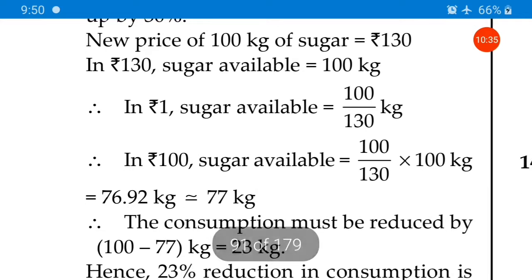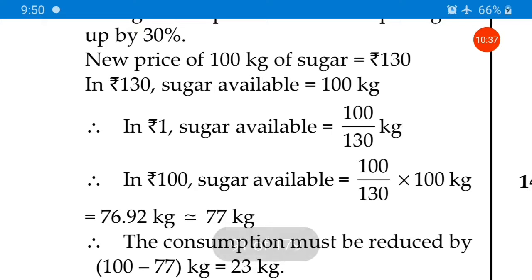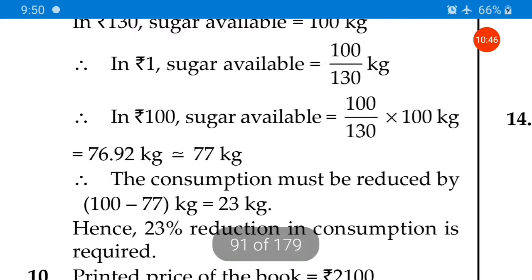So here we'll get 76.92 kg, approximately 77 kg. The consumption must be reduced by 100 minus 77, it is 23 kg. Hence 23% reduction in consumption is required to balance the expenditure.